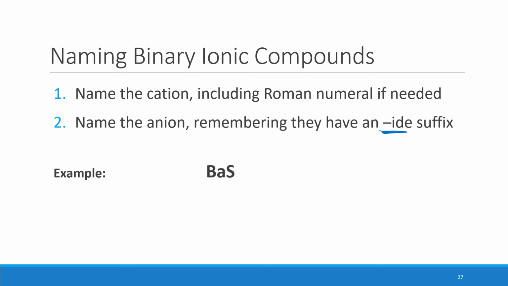So for example, if you wanted to name BaS, right, our cation there is the barium cation. Our anion there is the sulfide anion. And so that's just barium sulfide.